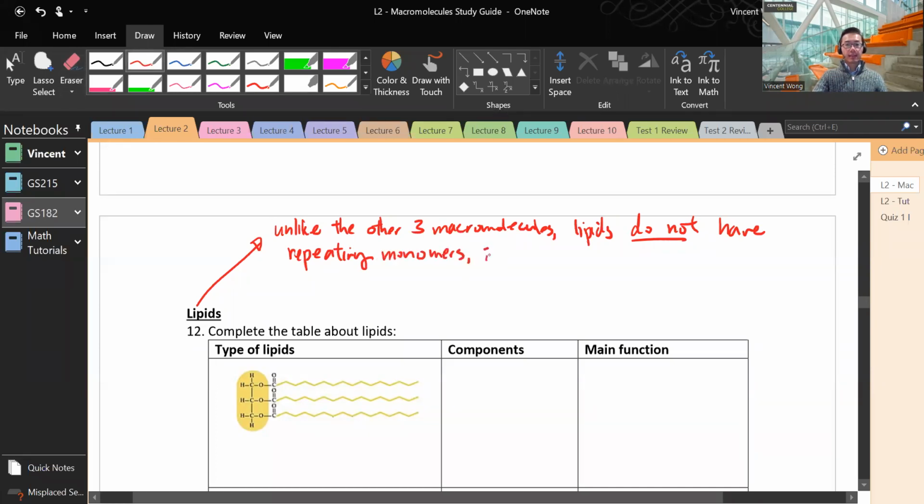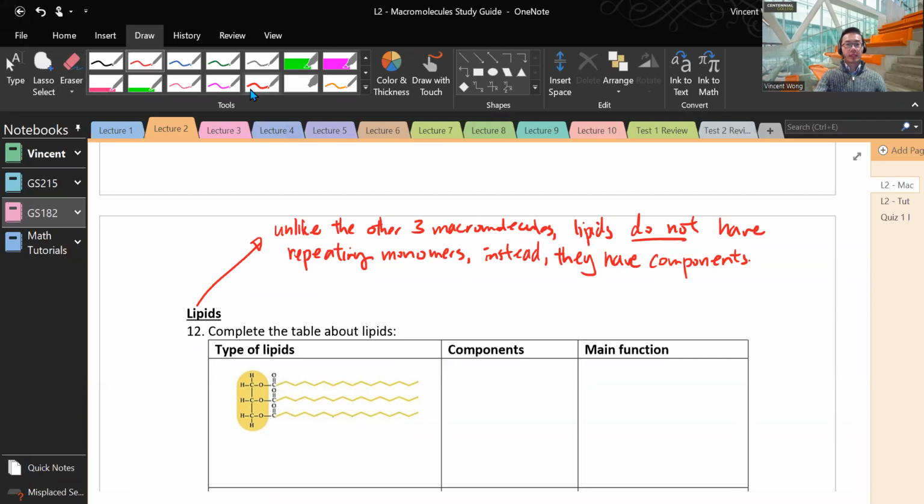Instead, they have components. Nevertheless, they are still pretty big, so we call them macromolecules.